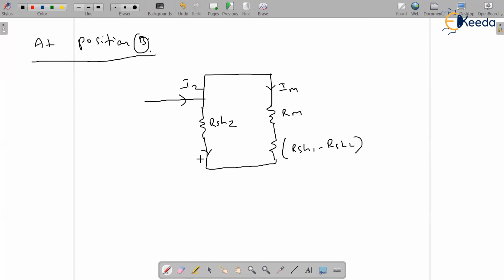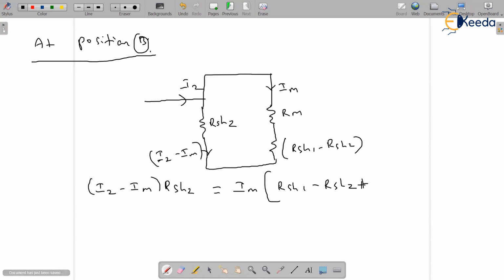So this becomes I2 minus Im. So what is your equation here? I2 minus Im into RSH2 is equal to Im into RSH1 minus RSH2 plus Rm.